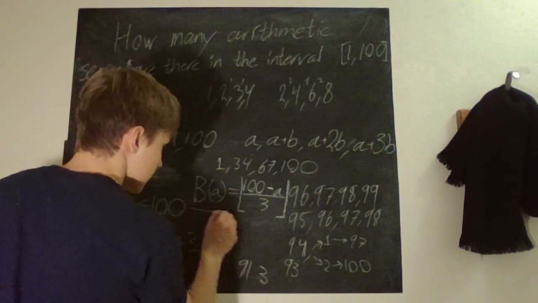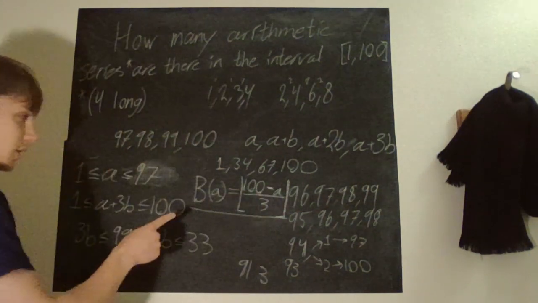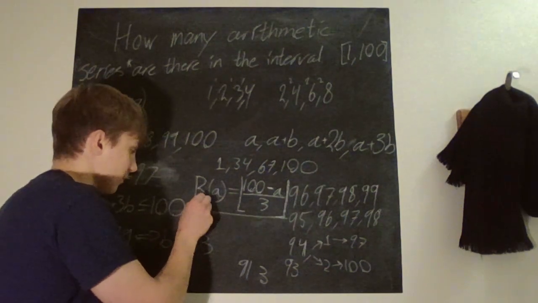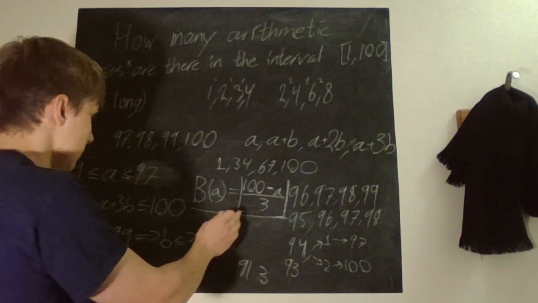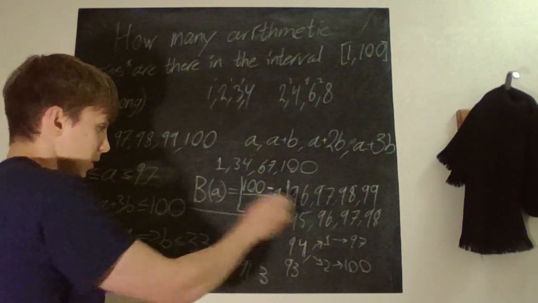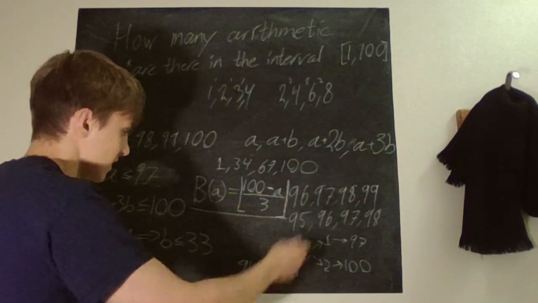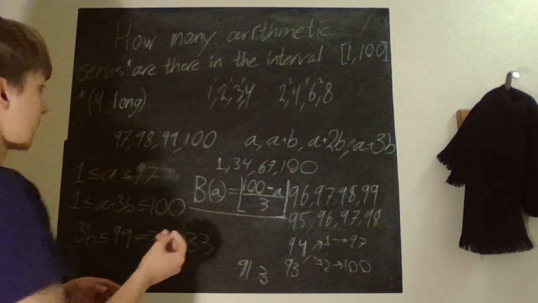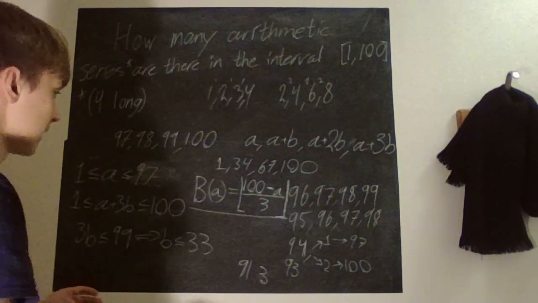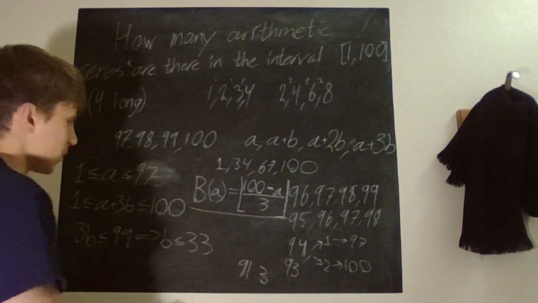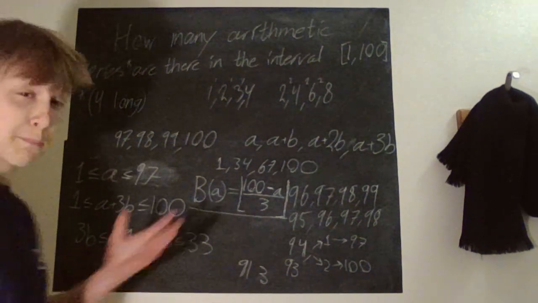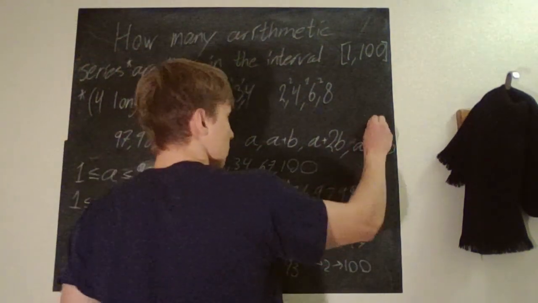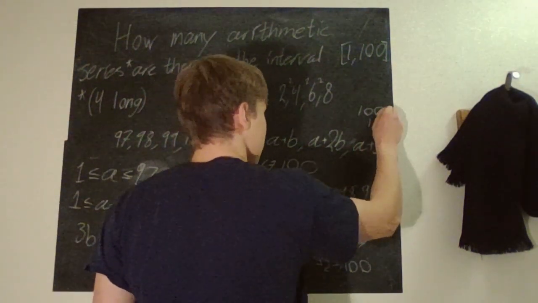So this is quite useful. What we're saying here is that this is the amount of possible arithmetic series that we can make from a starting point A. If you think about it this way instead, we want the biggest one to be equal to 100.